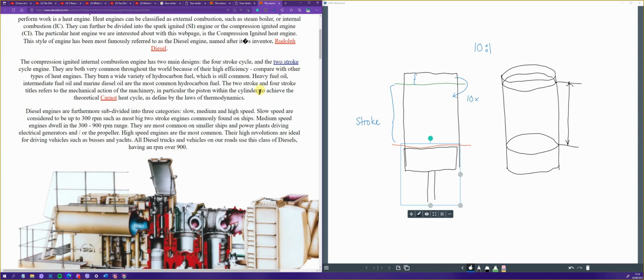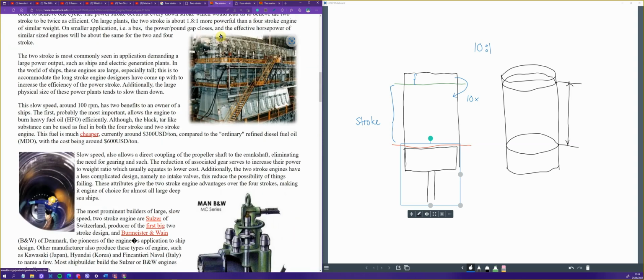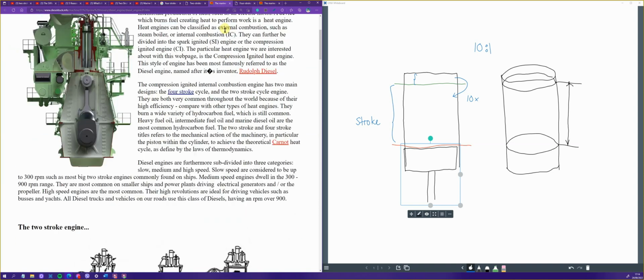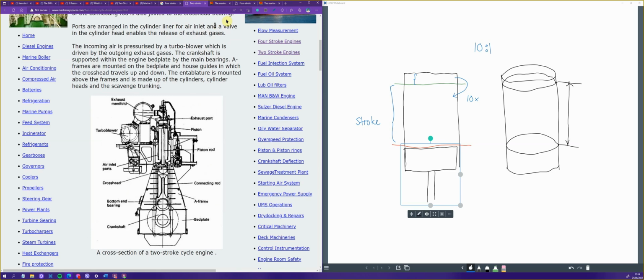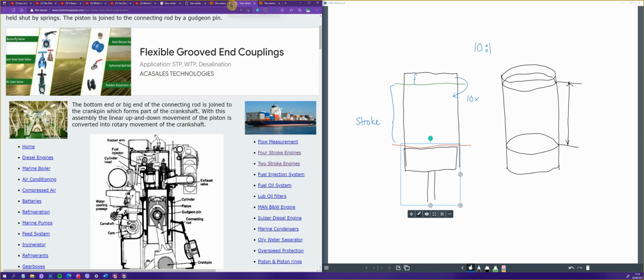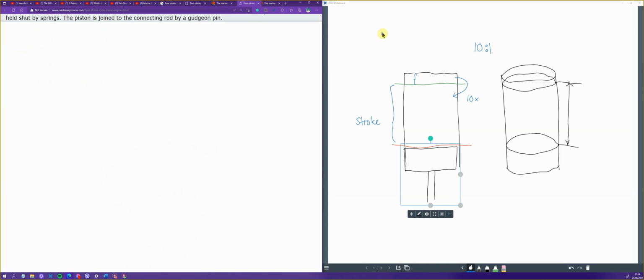Ito kita na. So, lahat naman to isa-send ko sa inyo later on. So, ito muna tayo sa two-stroke. Ayan. So, lilipat ko on the other side para side by side ang comparison.